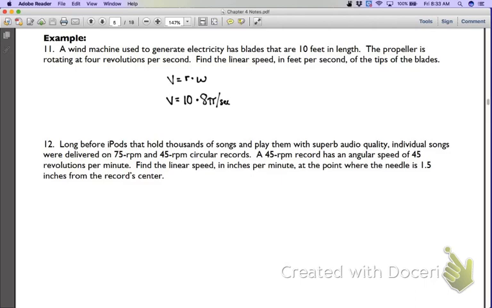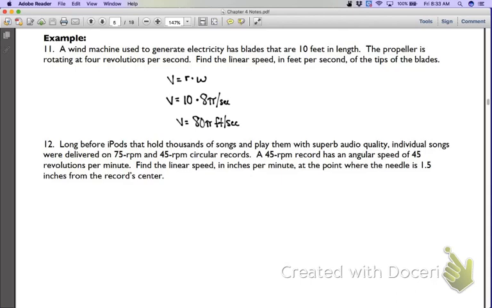So then all I'm going to do is just multiply 10 times 8. My linear speed is going to be 80 pi feet per second.